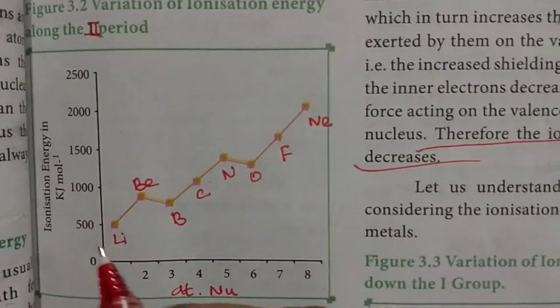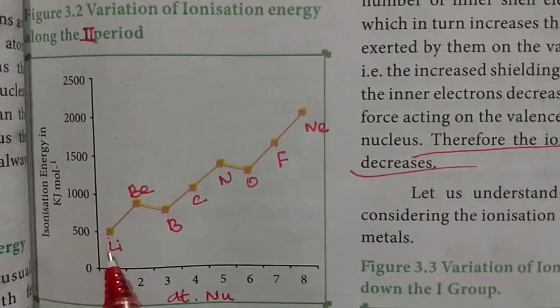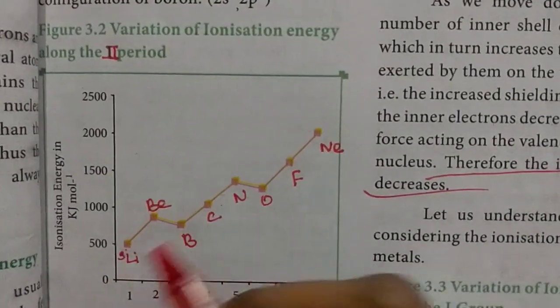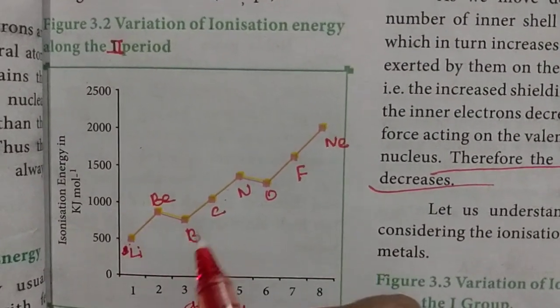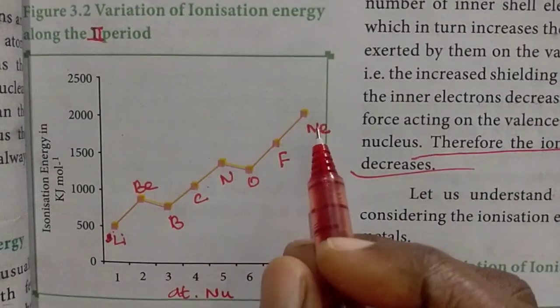What is the atomic number of lithium? It's 3. It is increasing: 3, 4, 5, 6, 7, 8, 9 and 10.